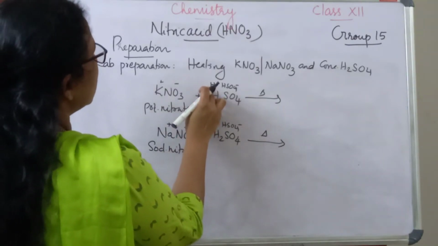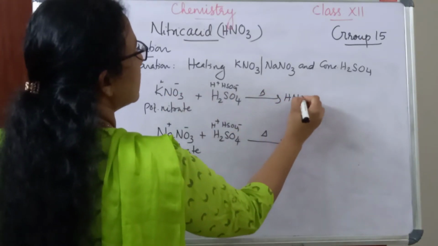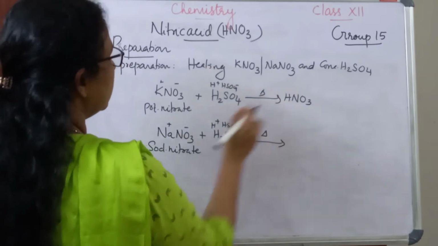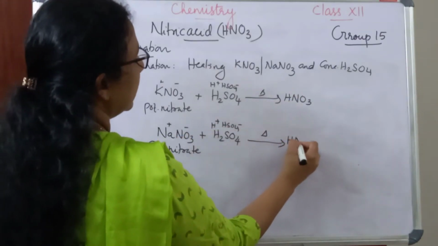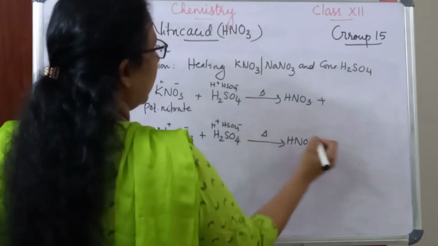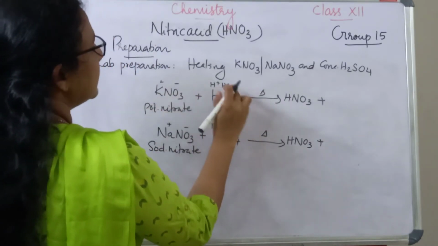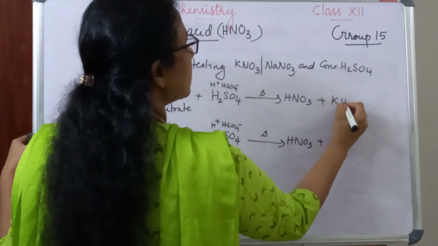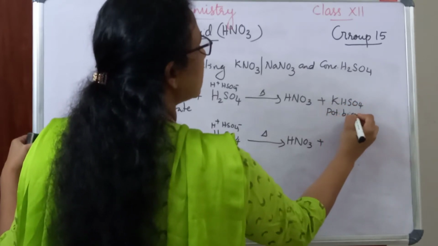So here H plus and NO3 minus, that is HNO3. This is the main product, nitric acid. Here also H plus and NO3 minus, so HNO3, nitric acid, that is the main product. Then the byproducts, here K plus and HSO4 minus, that is KHSO4, potassium bisulfate.